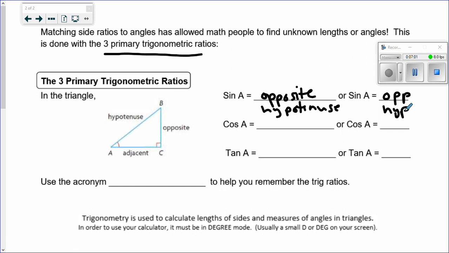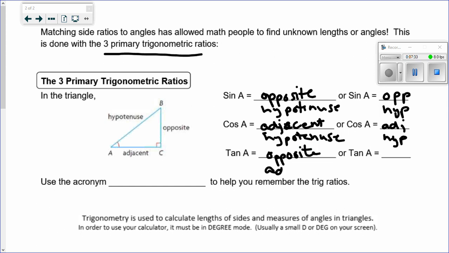Cos A is defined as being the adjacent over the hypotenuse. As always, I will come along afterwards and fix this up so that the PDF has better handwriting. And tangent is opposite over adjacent.